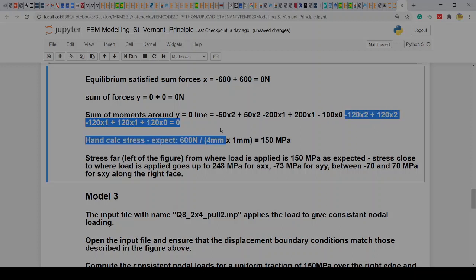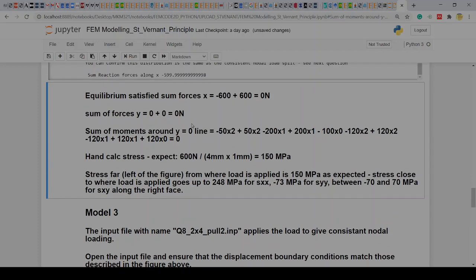And then we can do the same for the applied loading, making sure we multiply by the distance they applied it, minus 120 times 2, plus 120 times 2, etc. All of that sum of moments tells us it's 0. Okay.